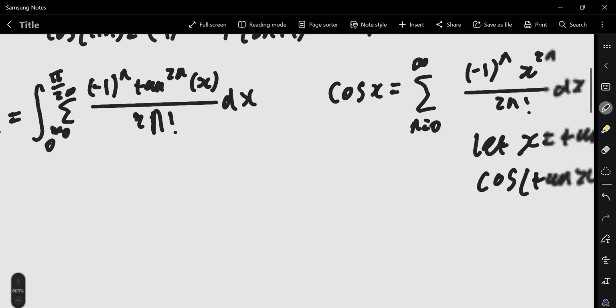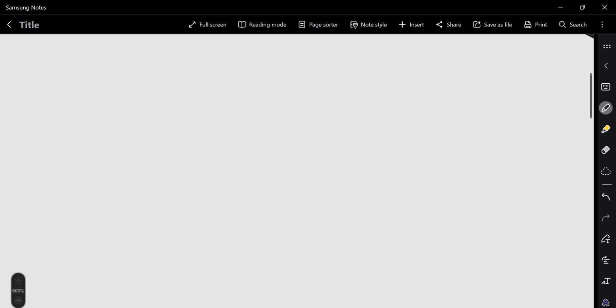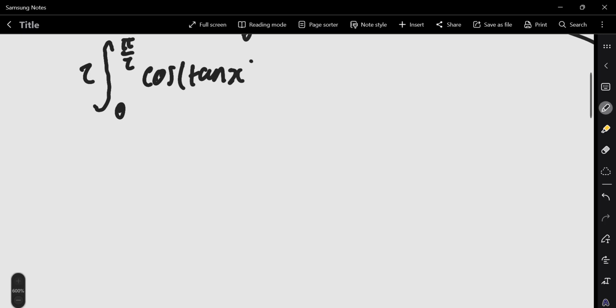So what we're left with is just cosine of tan x. So we now have the integral between 0 and pi over 2, haven't done anything with the limits yet. We have two lots of the integral of cos of tan x dx. Nice. It's working.